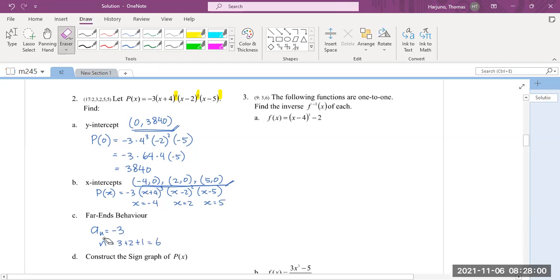Notation-wise, this is supposed to be a sub 6 here. Anyway, the leading coefficient is negative and the degree is even. So the graph will be like this, approximately. We usually call that bottom-bottom. It comes from negative infinity on the left-hand side, and goes to negative infinity on the right-hand side.